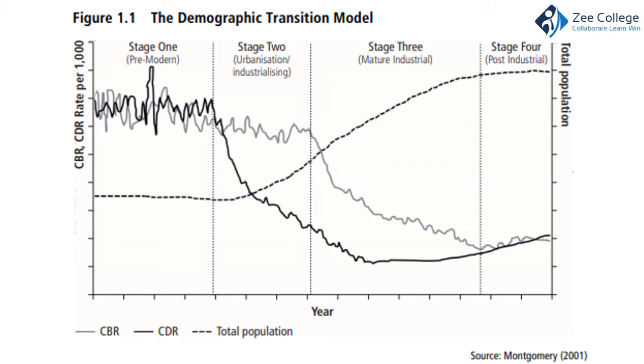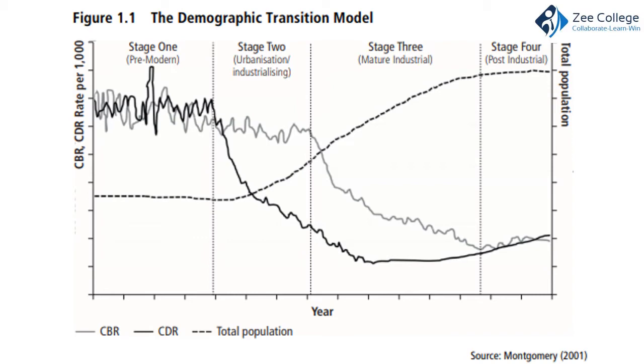As you can see in the graph, the starting point is the pre-modern or pre-industrial stage, which is stage 1, in which you can witness high fertility, commonly combined with high mortality, which generates slow population growth. But the end point is the post-transition or post-industrial stage, where you can witness low fertility and mortality rates.